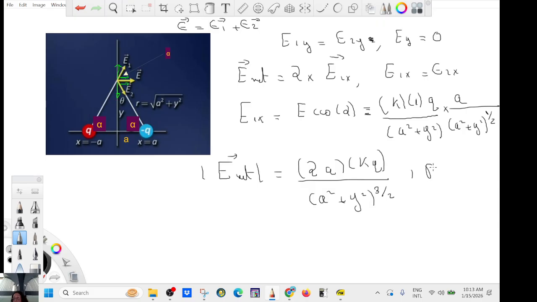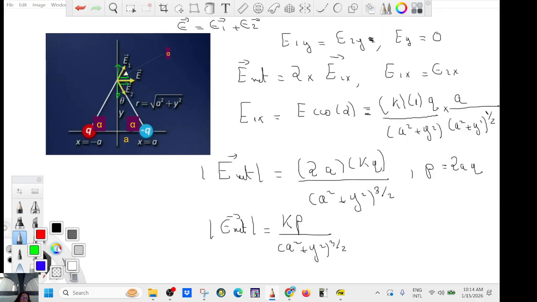Now, the dipole moment equals 2a times q, right? Because by definition, the dipole moment is the distance between the charges times q. So I'm going to write that the net field equals k, and there is a p, over a squared plus y squared, to the 3/2.